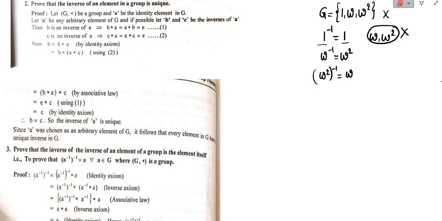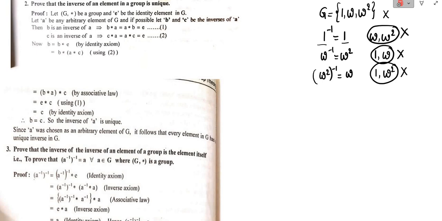If the inverse of omega is omega square, then 1 and omega are not inverses of omega. If the inverse of omega square is omega, then 1 and omega square are not inverses of omega square. That means the inverse of any element is again a single element only.